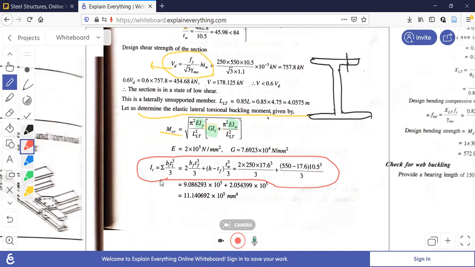I'll concentrate here only. Remaining calculations, most of them you already know. So let us concentrate on this. Summation BTQ by 3. Remember, thickness has to be raised to 3, irrespective of its orientation. Now H minus TF. This second term is related to this part. I'll show you how they have taken it.